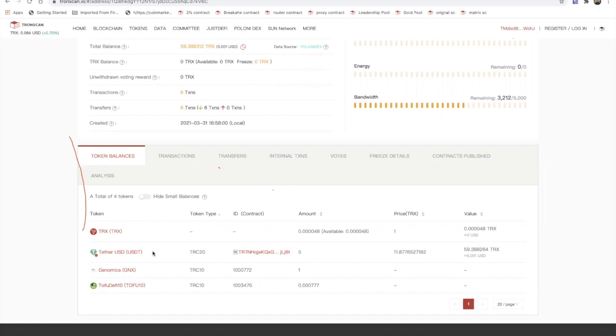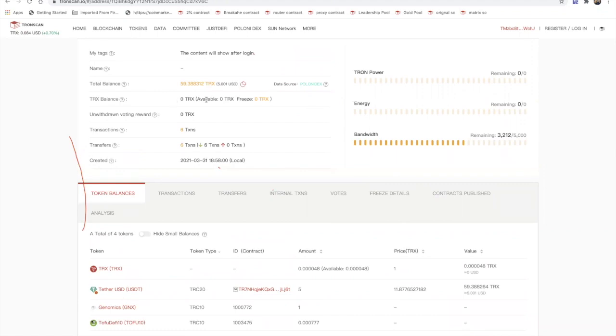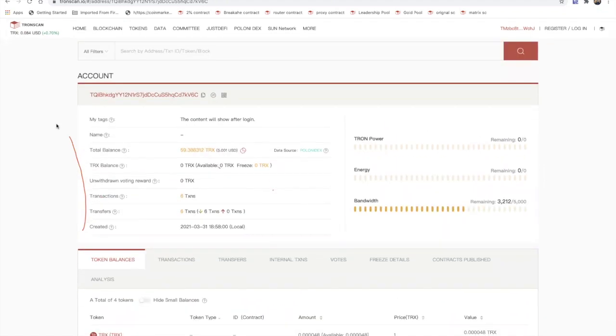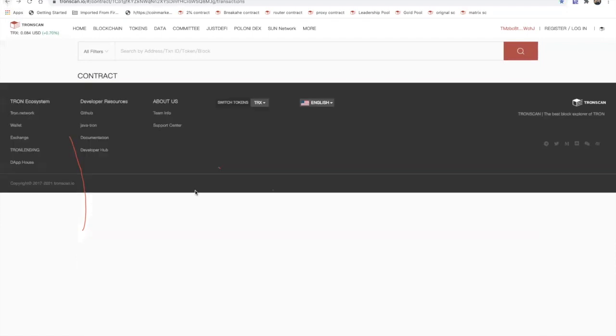What they have is the USDT token, $5, that's equal to 59 Tron. Does that make sense, guys? Yeah. Here they have 0 Tron available. 100% this is the situation, other than the timeouts, which is incredibly rare. This is the reason people's transactions are reverting.